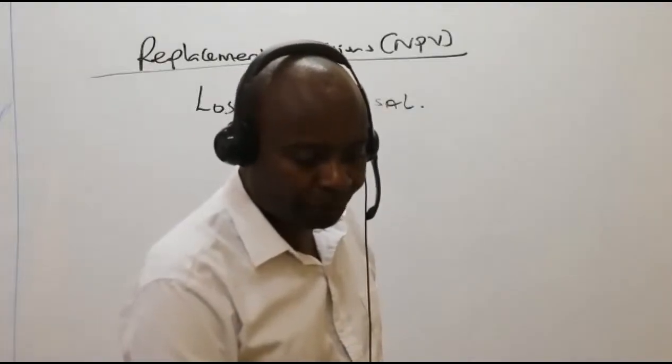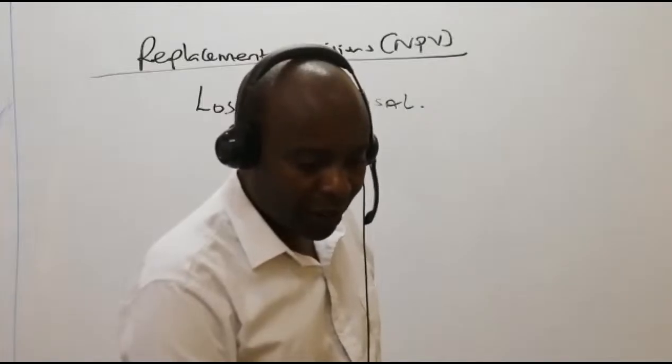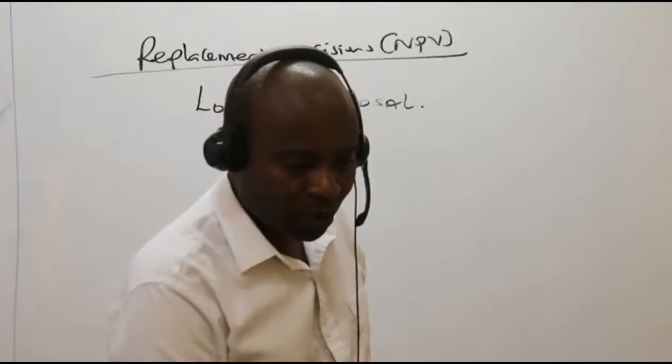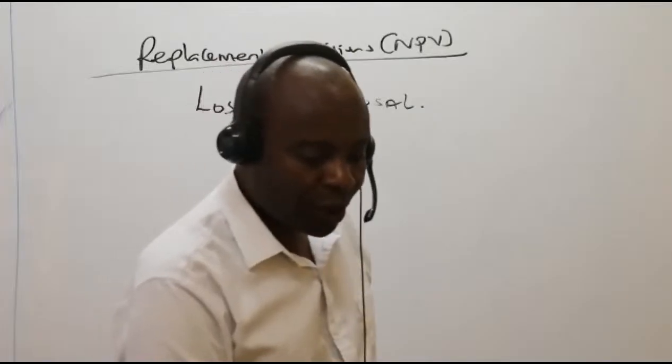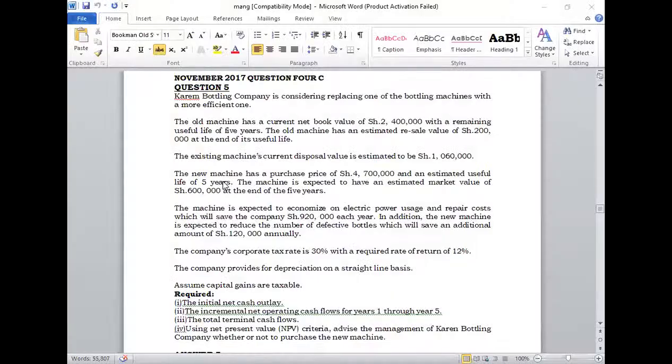I know you took a photo of this, right? The loss on disposal is here. We know that this old machine has a current net book value of 2.4 million with a remaining useful life of 5 years.